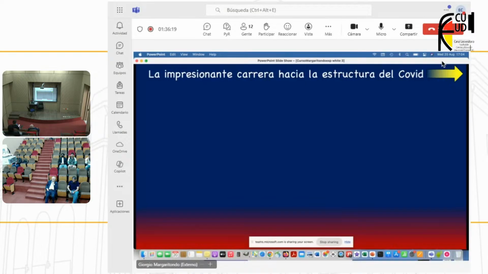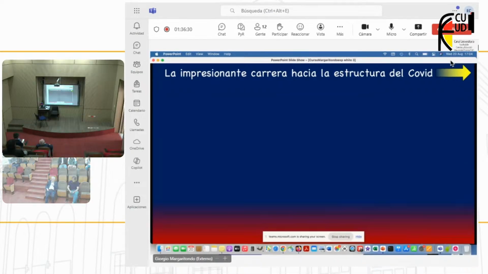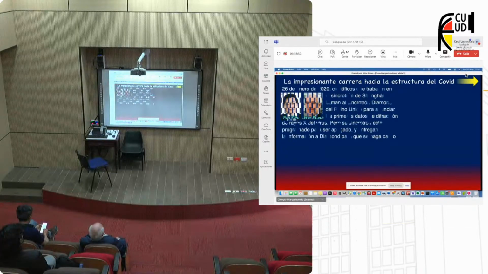So, first of all, what happened when this race to solve the structure mystery of the COVID started? It was almost a mystery movie.